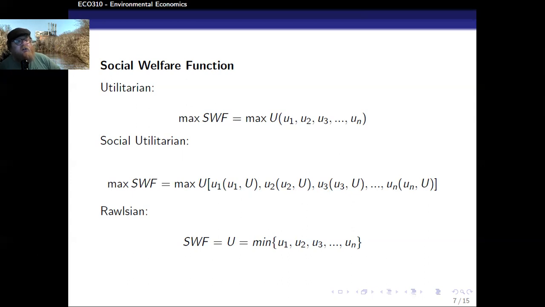And so what you have here in these three social welfare functions is an increasing acknowledgement that beyond self-interest, there are things that we also care about. We certainly care about ourselves and our own well-being, but we also care about the well-being of other things. We care about the well-being of society.